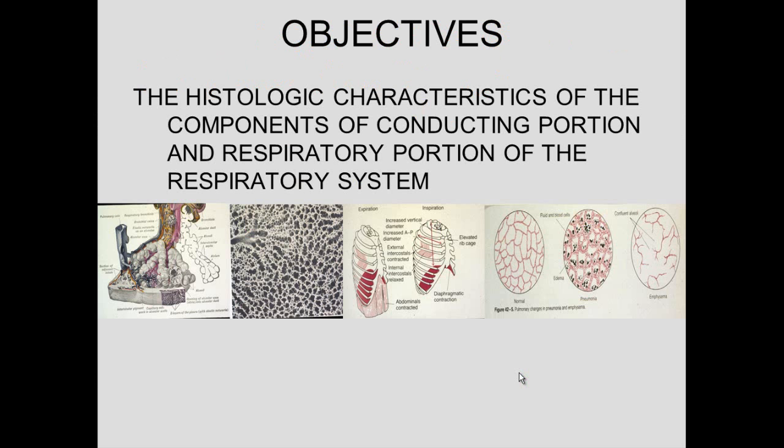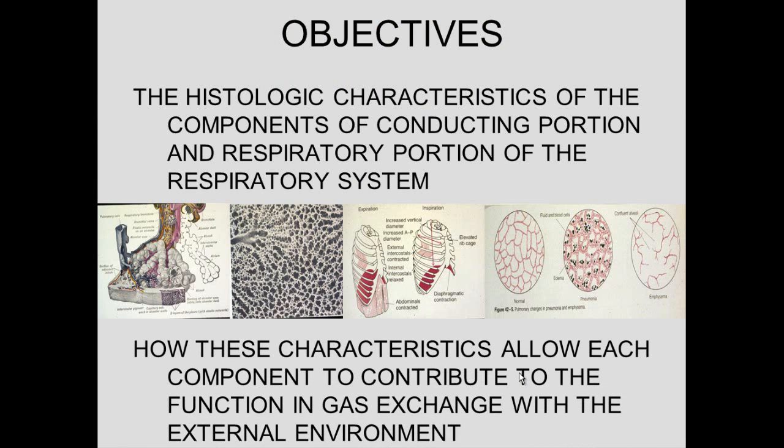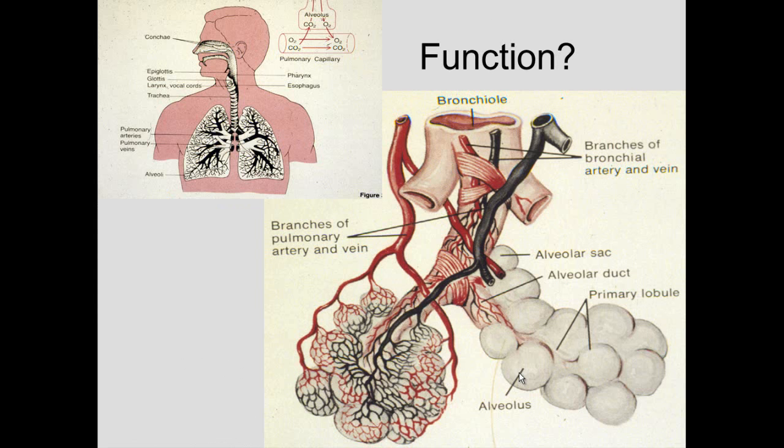Today we want to talk about the histologic characteristics of the components of the conducting portion and the respiratory portion of the respiratory system, and how these characteristics allow each component to contribute to the function in gas exchange with the external environment.